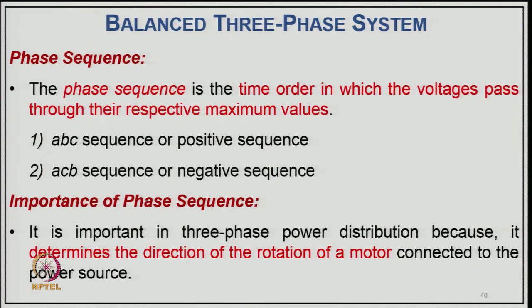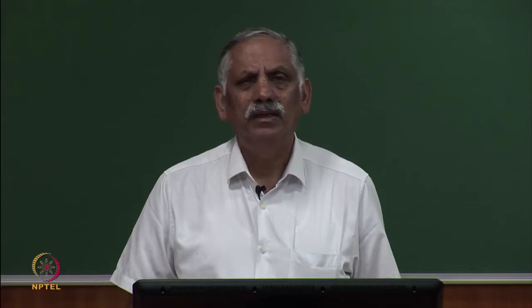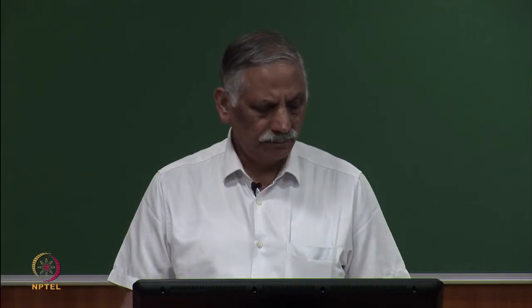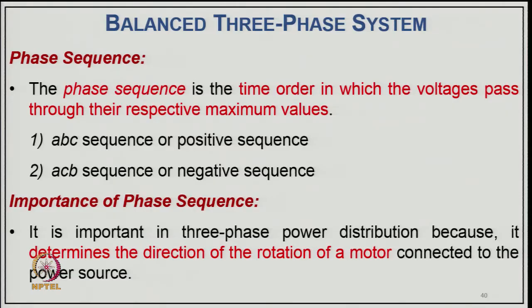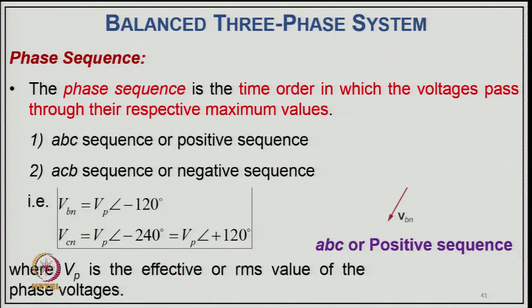If we give these 2 sequences to a rotating motor, you will find a different direction of rotation of the electric motor, by changing the phase sequence, only by changing 2 terminals of the supply across the motor line. The phase sequence is important to 3-phase power distribution because it determines the direction of rotation of a motor connected to a 3-phase power source.